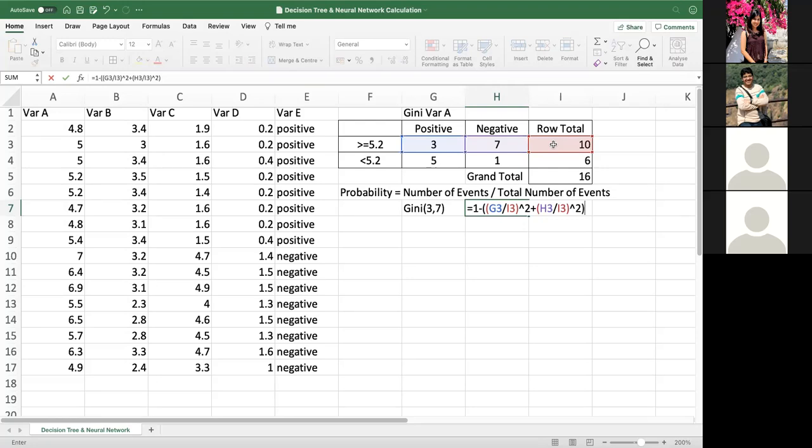So the Gini of 3, 7 is 0.42. This is the formula it uses to calculate the first row's Gini.